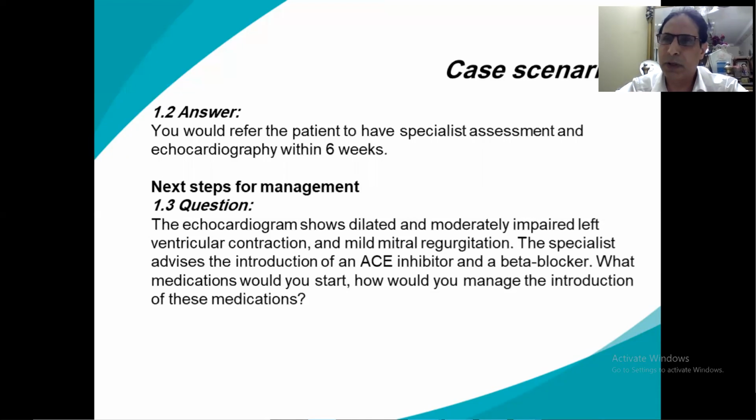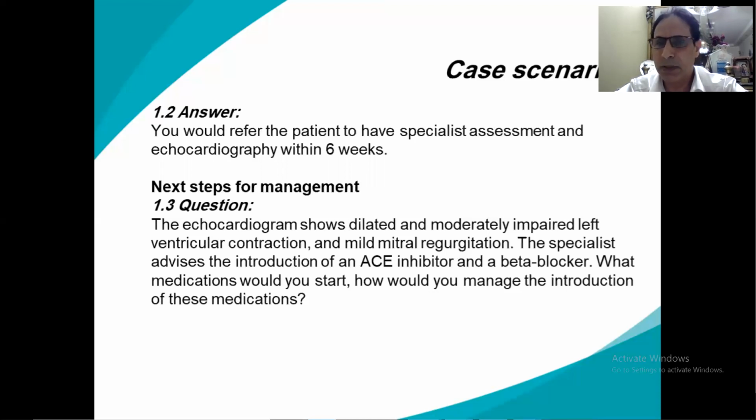As you know, echocardiography is an important tool for diagnosis of heart failure, to give a hint of dilatation of the ventricle and the ejection fraction, which gives a marker for the function of the ventricle. The echocardiogram of this patient shows a dilated left ventricle with moderate impairment of contraction and mild mitral regurgitation.